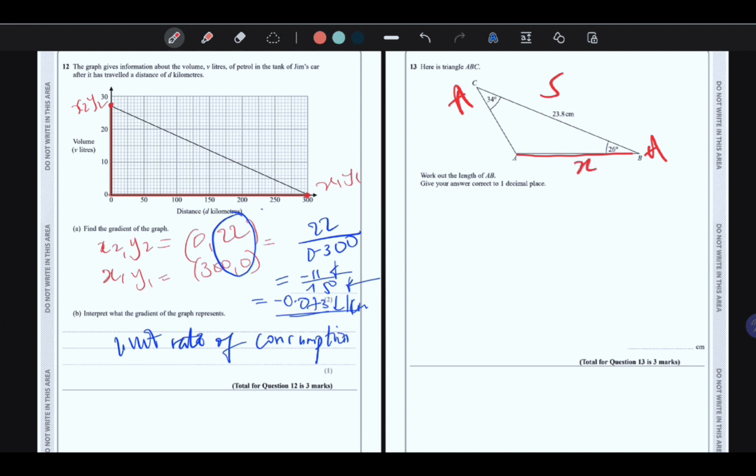Let's call it x. Okay, they've also given us 2 angles in the triangle, so we can find angle A by doing 180 minus 34 plus 26. So that angle would be equal to 120 degrees.